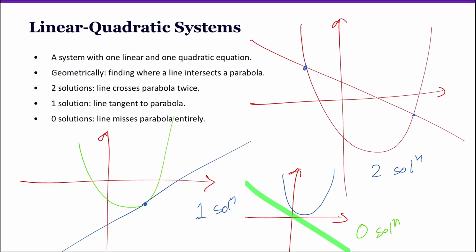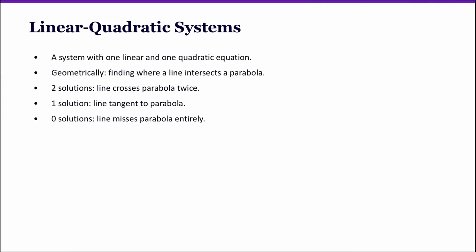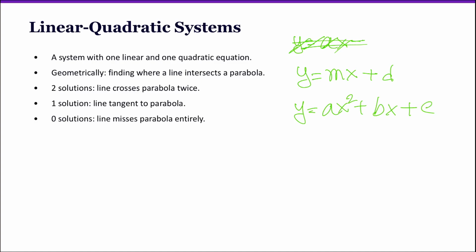So if this sounds familiar to our quadratic equation problem where we had three cases and we could find them using the discriminant, that's because this system of a linear equation and a quadratic equation can always be described as a single quadratic equation. So for example, if you have y is equal to mx plus b, or in this case, I'll use mx plus d, and then you have another equation, y is equal to ax squared plus bx plus c.